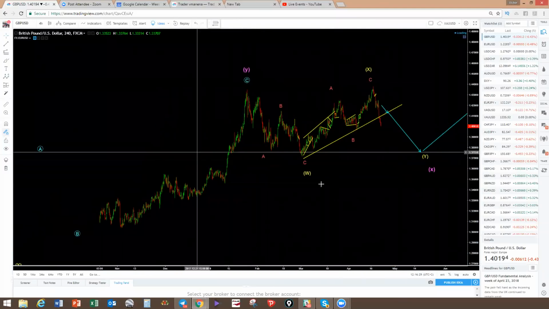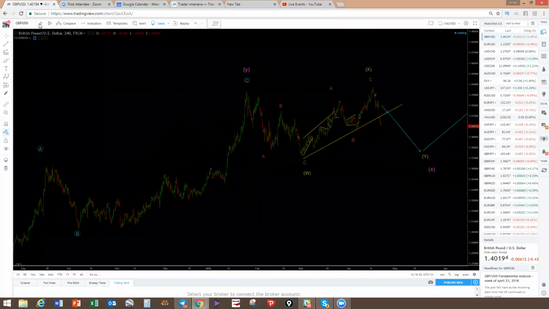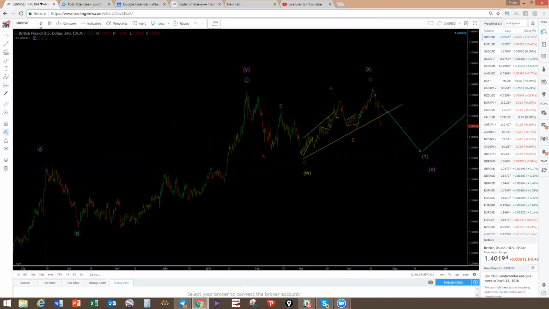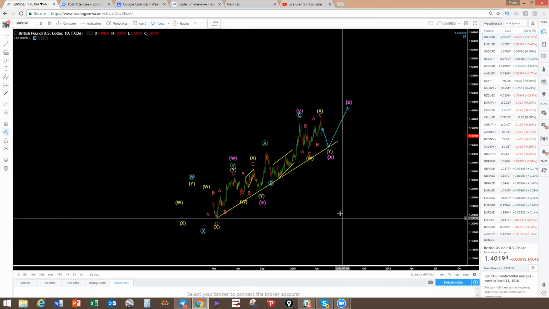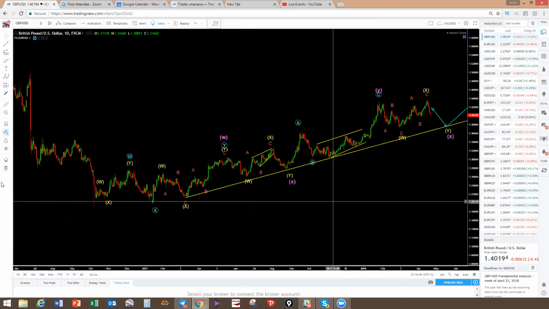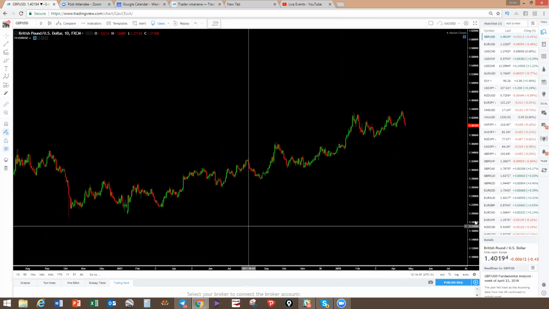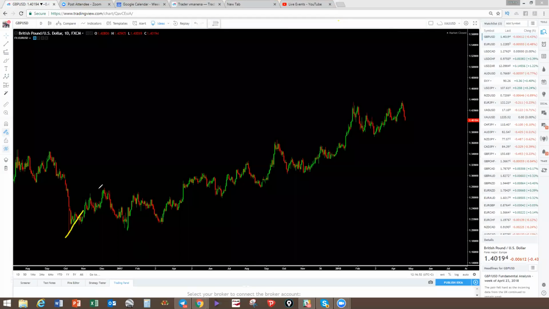I'm going to show you again what I showed you last week: the overall structure, because you cannot just go into the lower time frame, which is the mistake most people make. A lot of people just go into the 60-minute chart. So I'm going to take off my labeling there and show you the structure. This is what I've been looking at, and it's not just lines.